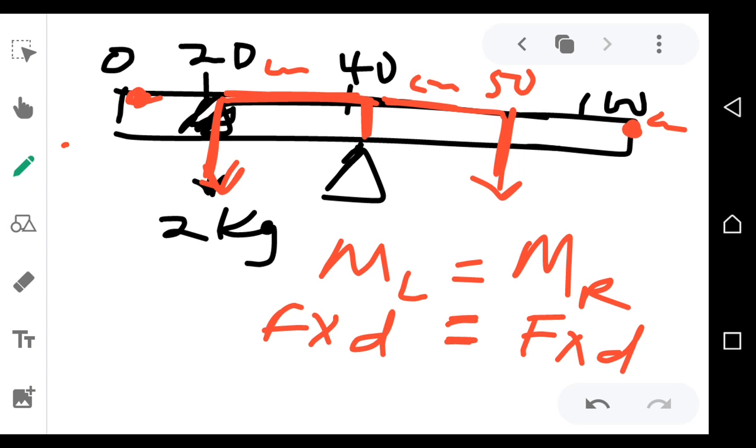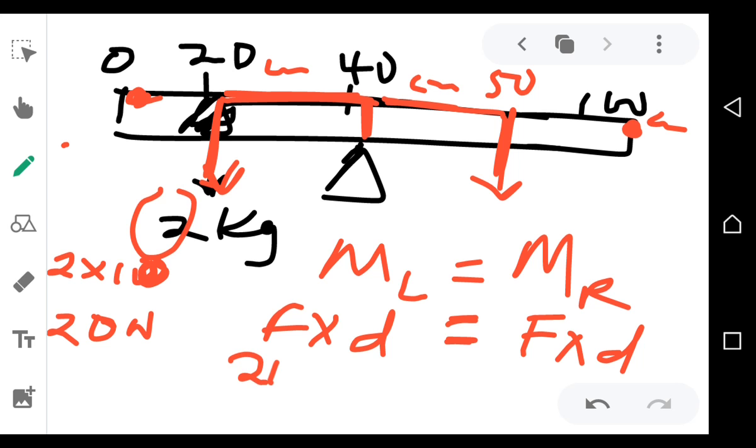Now, this is 2 kgs. For you to convert that mass to weight, you multiply 2 kgs by 10, because gravity is 10. So 2 kg times 10 is 20 newtons. So on force there I'll put 20, times what distance?